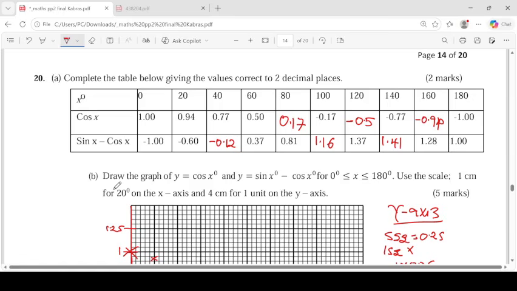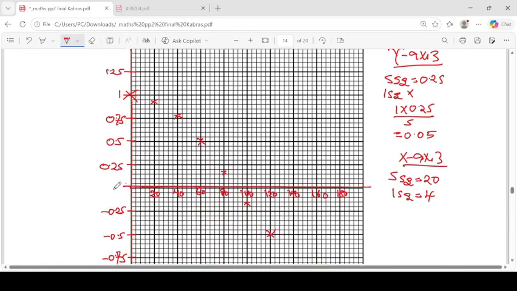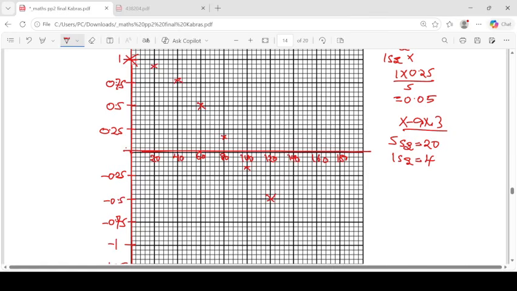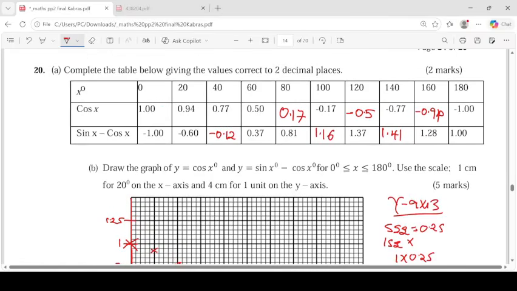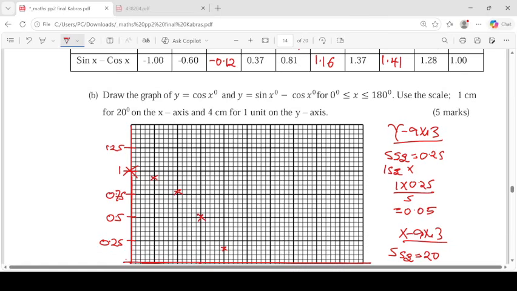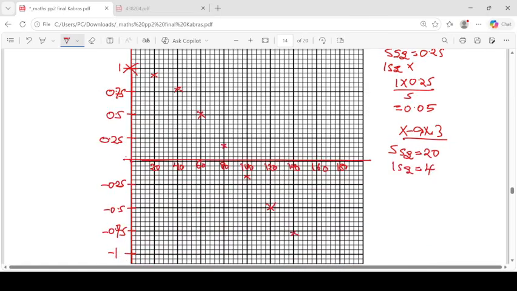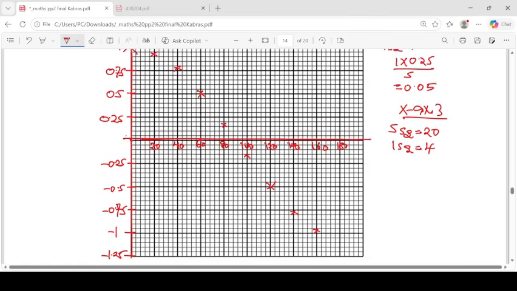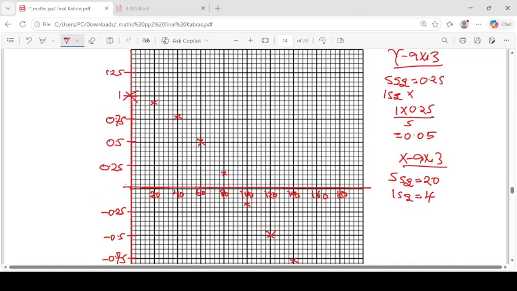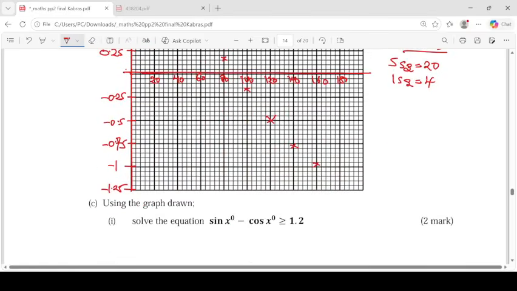So when you have negative 0.77 divided by 0.05, that is 15.4. 5, 10, 15. Somewhere there. At 160 is at negative 0.94. That is 19.4. 5, 10, 15. 19.4 is here. Then 180, it is at negative 1. 180 is at negative 1 here.